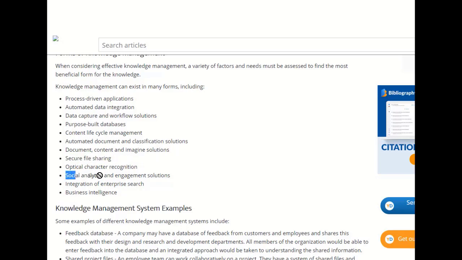We have social analytics and engagement solutions. And we have integration of enterprise search and business intelligence. So someday, if you're going to create or evaluate a knowledge management system, these forms must exist, so that the system will be helpful to capture the two types of knowledge, the explicit and the tacit knowledge.